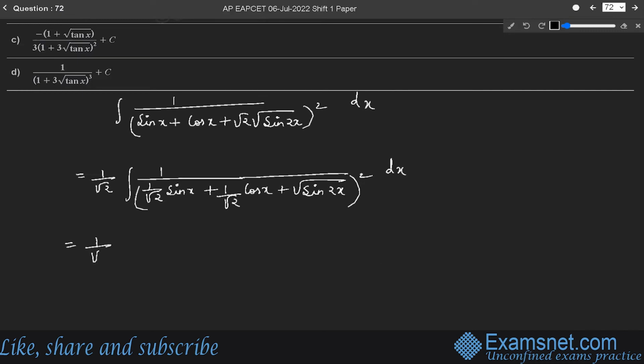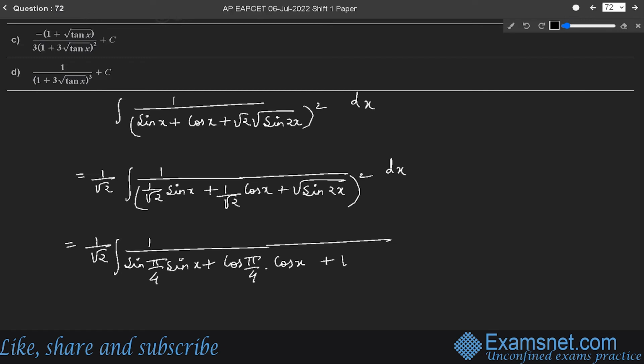So it becomes 1 by root 2 into integral of 1 upon, 1 by root 2 is sin pi by 4 into sin x plus again 1 by root 2 is cos pi by 4 into cos x plus under root of sin 2x whole square and dx.